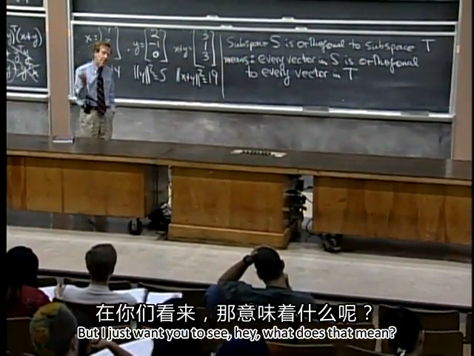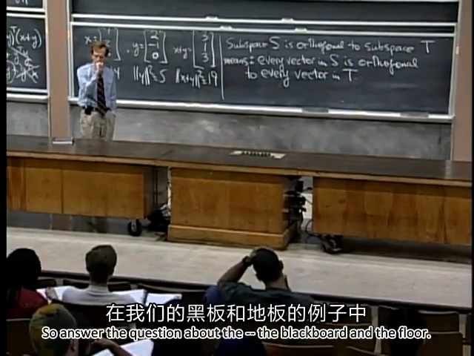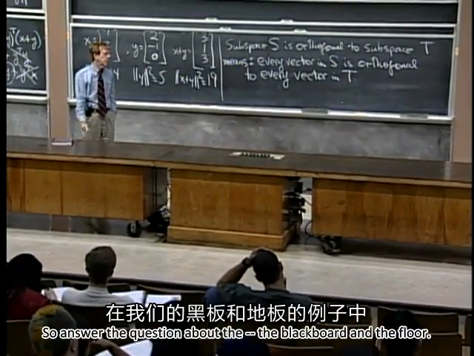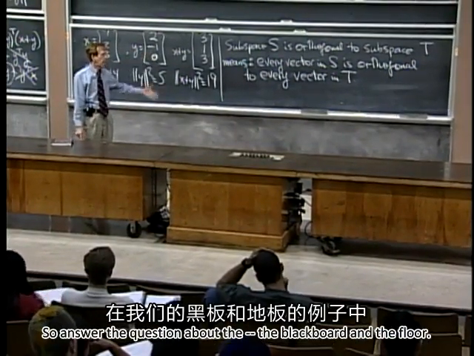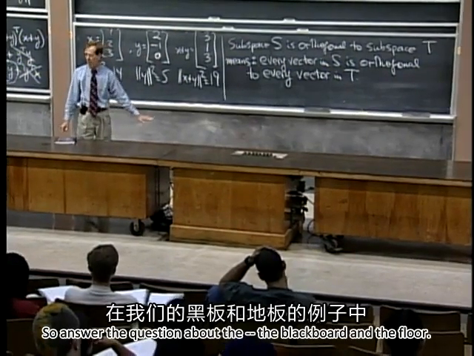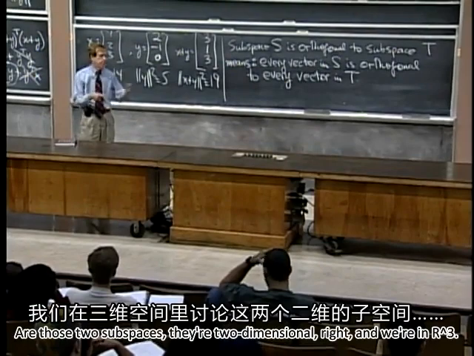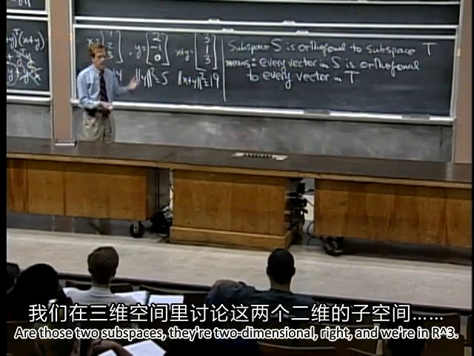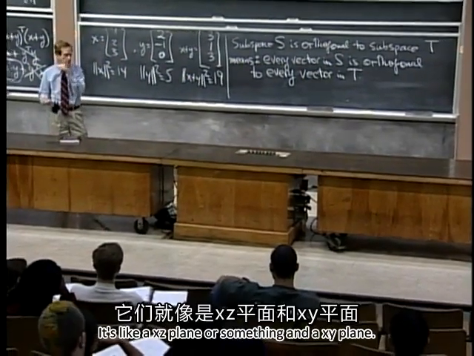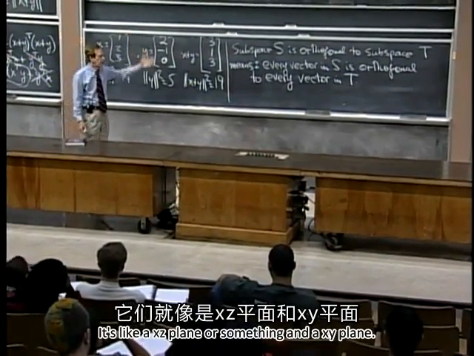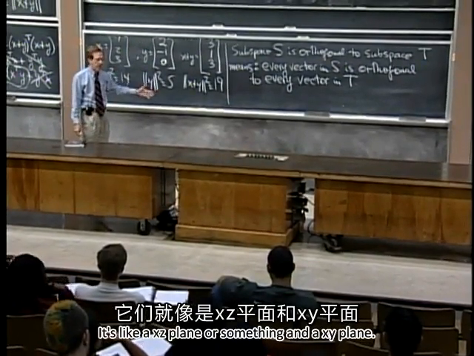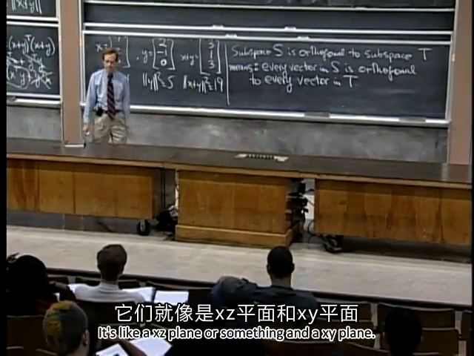But I just want you to see, hey, what does that mean? So answer the question about the blackboard and the floor. Those two subspaces, they're two-dimensional, right? And we're in R3. It's like the xz plane or something and the xy plane.